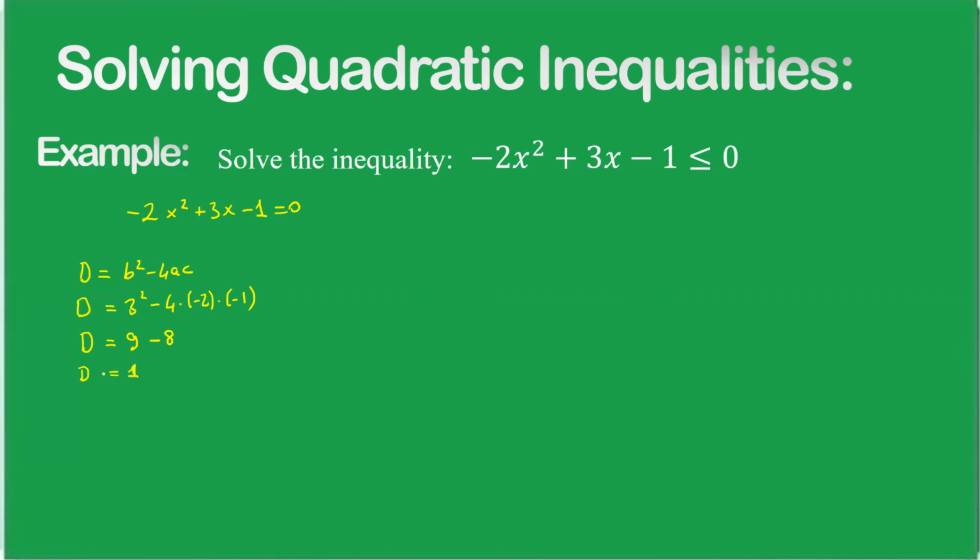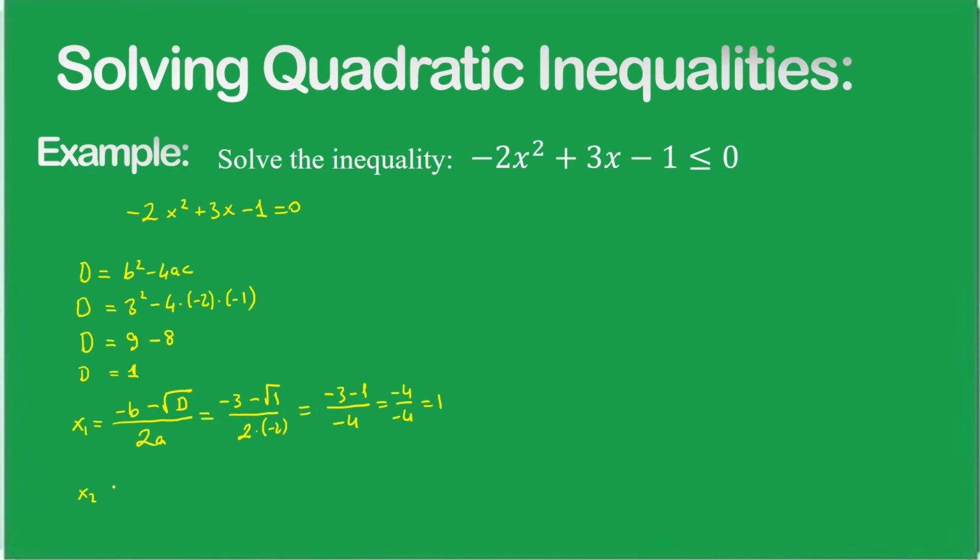So here we have two different roots, two critical points. x1 is minus b minus the square root of the discriminant over 2a, so minus 3 minus square root of 1 over 2 times minus 2. This one is a challenge: don't forget that it is not 1, it is minus 2. So here minus 3 minus 1 over minus 4, which is minus 4 over minus 4, and the result is 1. The first root is 1.